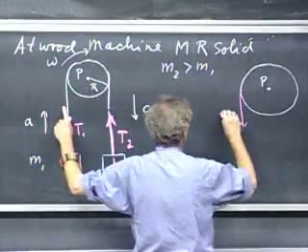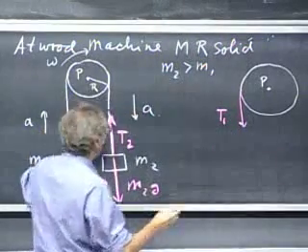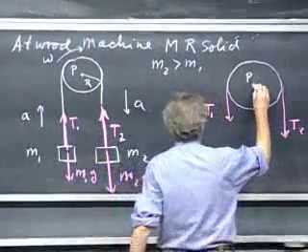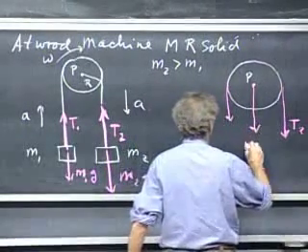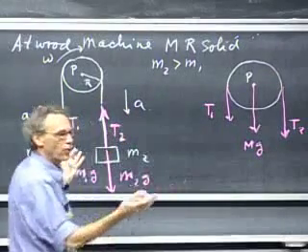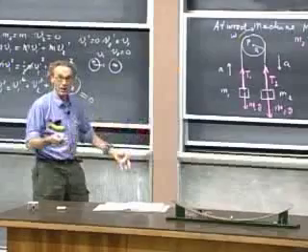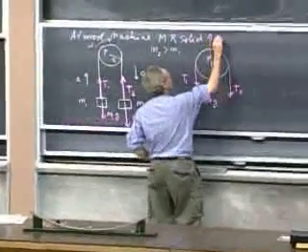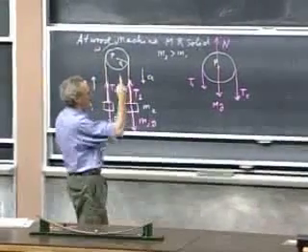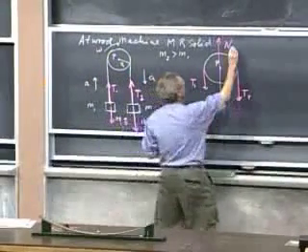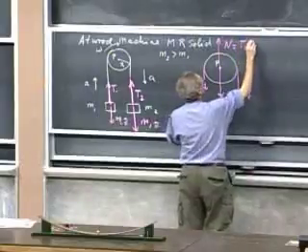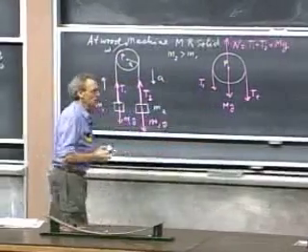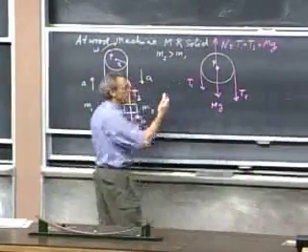So this is T1. And this T2 is pulling down on the pulley. So there's T2. It has a mass, so it is weight mg. The sum of all forces on the pulley must be 0, otherwise it would accelerate itself down, which it doesn't. And so there has to be a force up, I will call it N. And that force N has to cancel out all these three forces. So that must be T1 plus T2 plus mg. We will not need it any further in our calculations, but there has to be a force to hold that in place, so to speak.